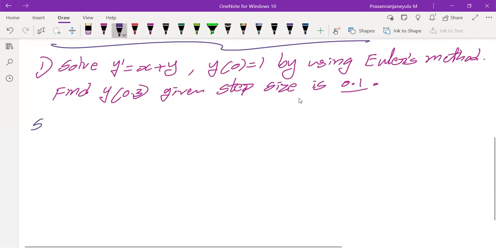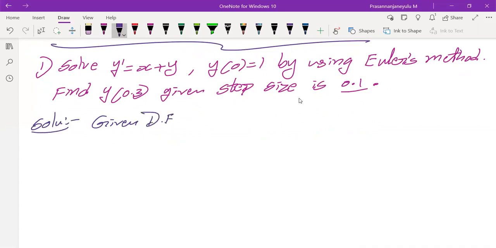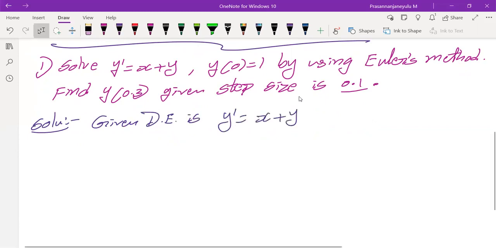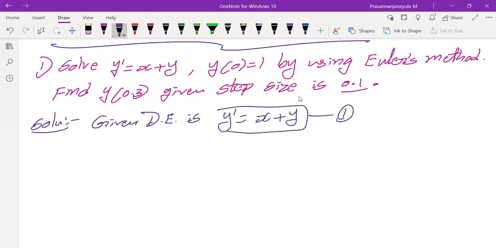Starting the solution, what is the given differential equation? The given differential equation is y dash equals x plus y. Taking this as equation number 1. Here, what is the general form of a differential equation?